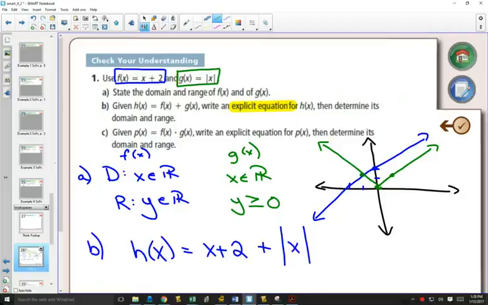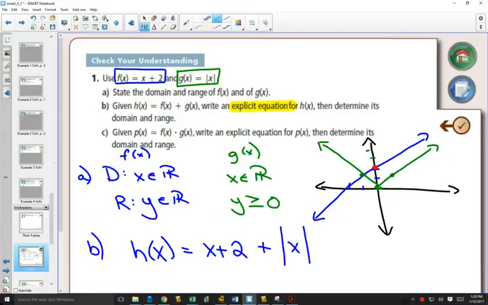So if we were adding these two together and creating a new graph, and I'll draw that in red, well, this one's kind of nice because the slopes are the same. So if we start looking at some points, this one we're going to have 0 plus 2. It's going to be 2. Here we're going to have 1 plus 3, right?